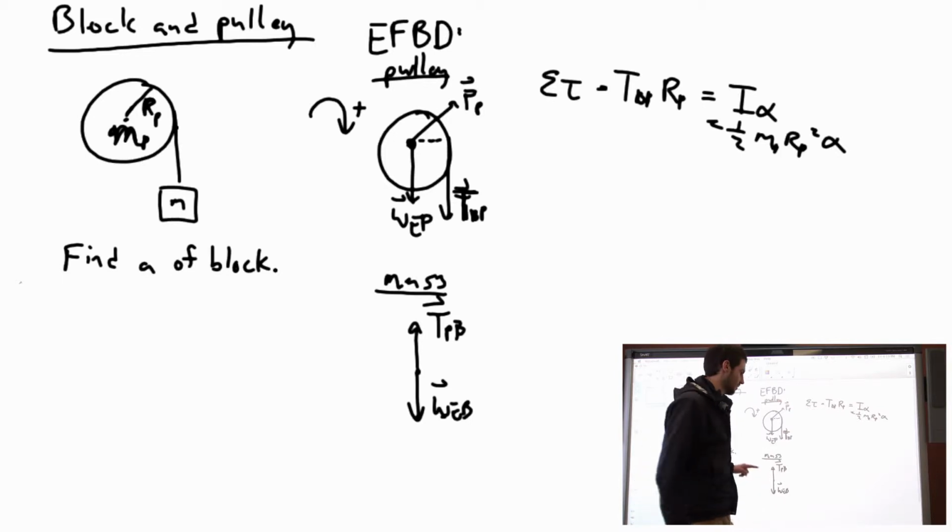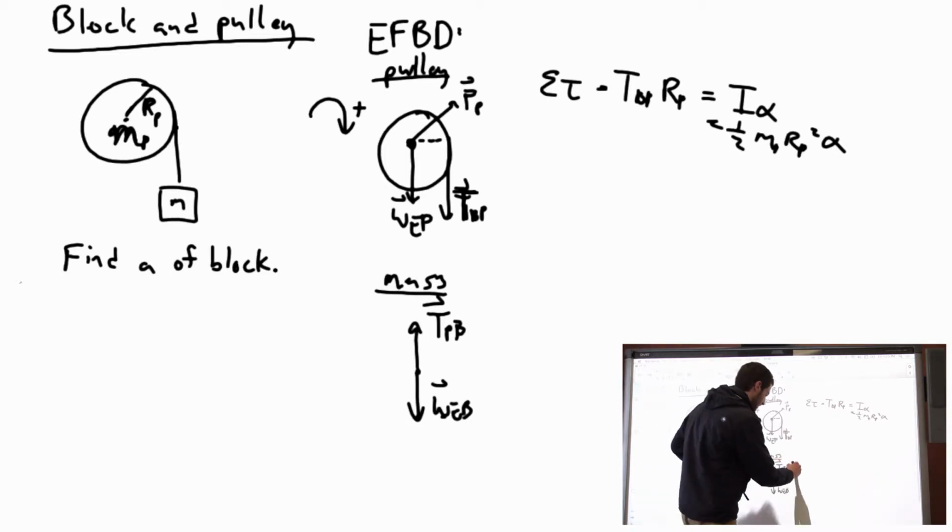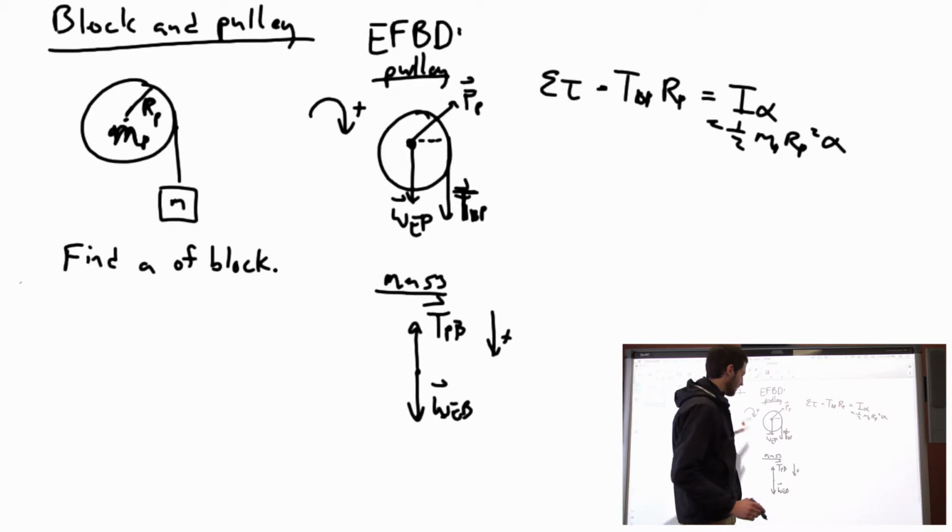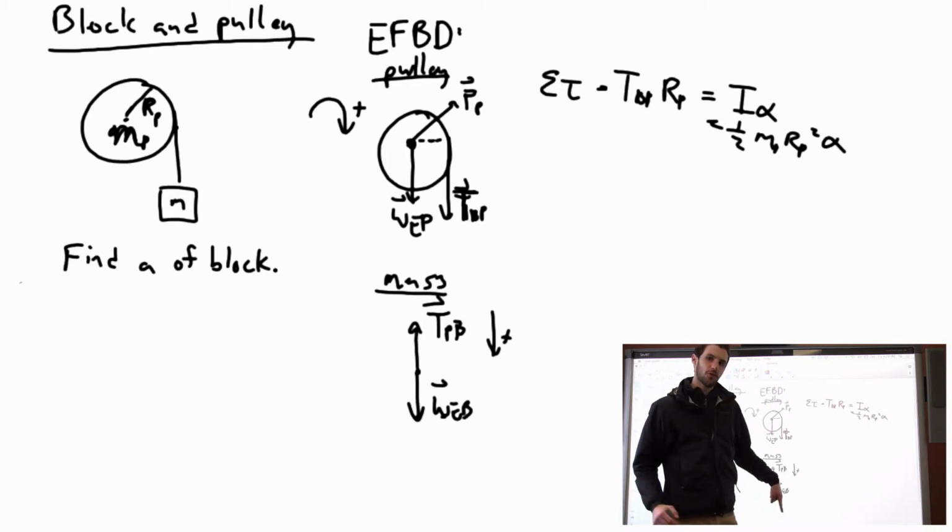So here's the way I'm going to find that. I'm going to look at these two. If this way is positive, I really want to keep everything consistent when I apply my rolling condition. So, so I don't have to worry about this later, I'm going to make downwards the positive direction. I think if the pulley spins this way, the mass will fall. So if this way is positive, down is positive.